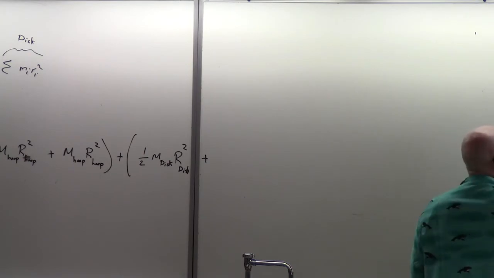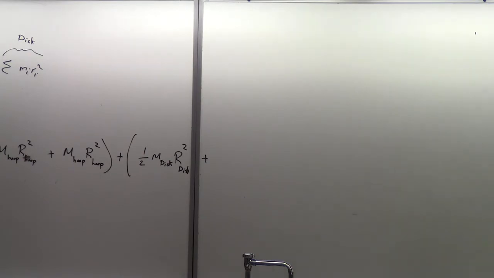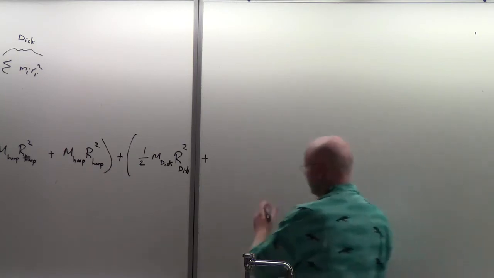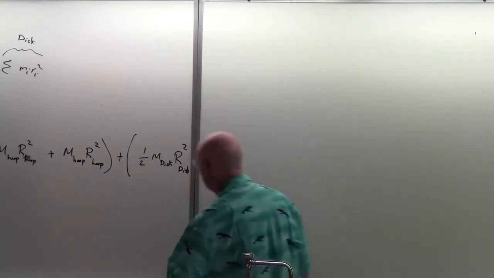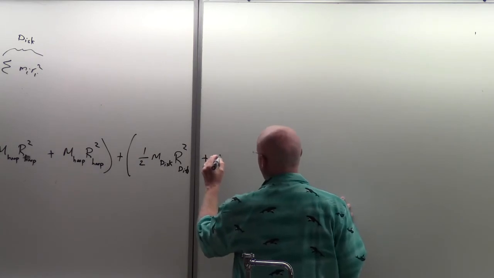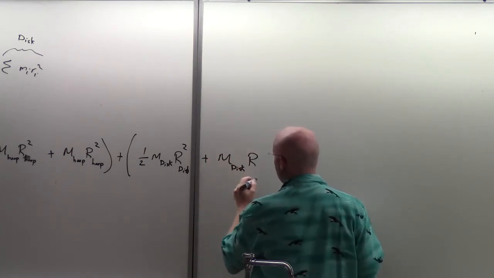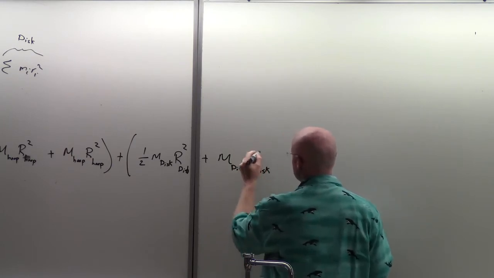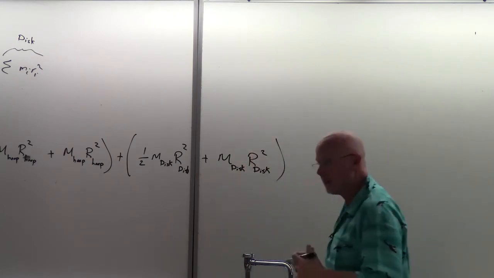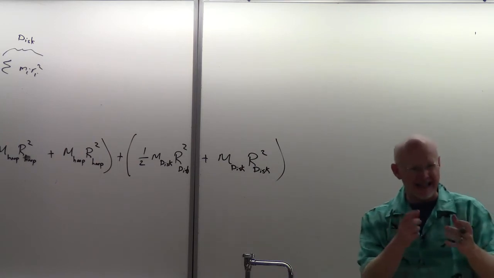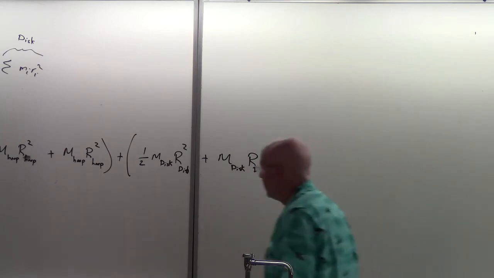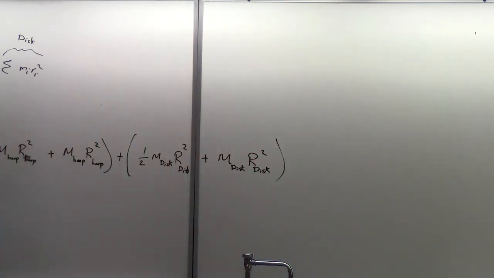No. How far did I move off of center? Again, radius. Maybe I should have done something different between the disc and the hoop. But I can go M of the disc times the radius of the disc squared. And so there's the parallel axis theorem applied to each of them. And so again, hopefully it fits what I was saying.